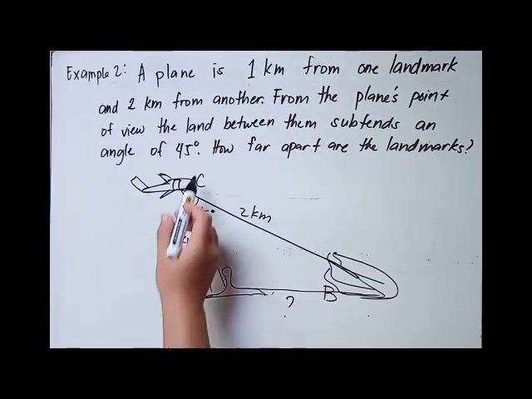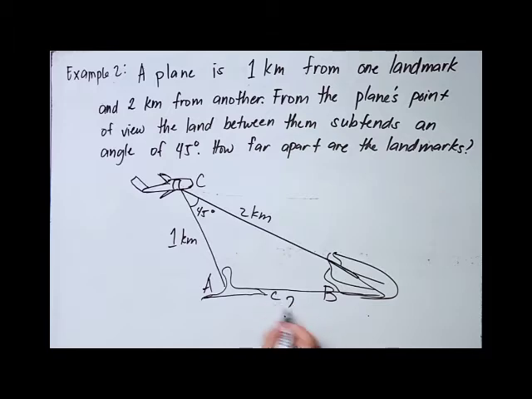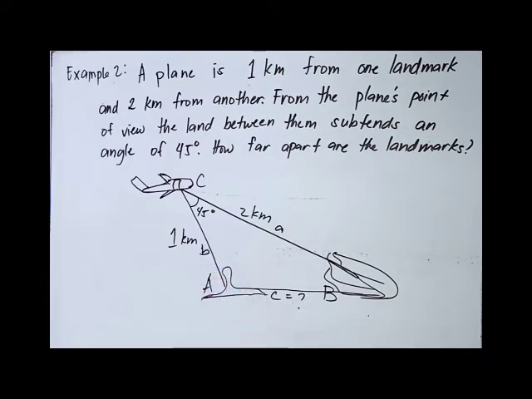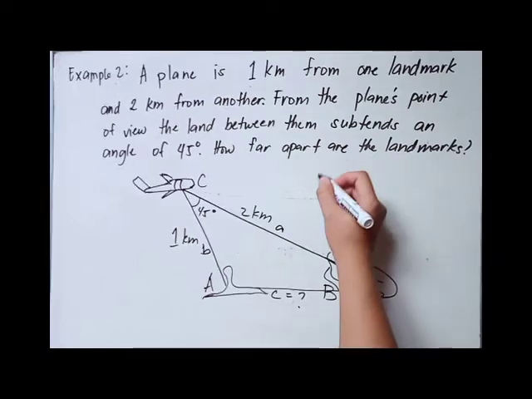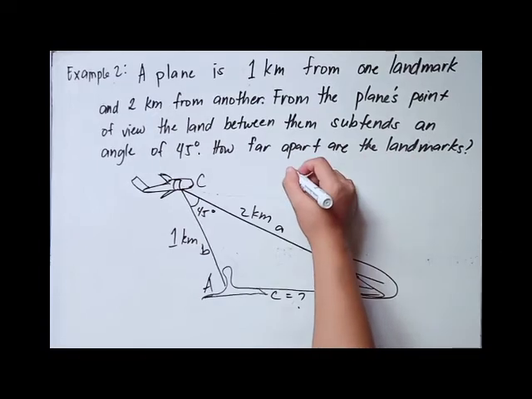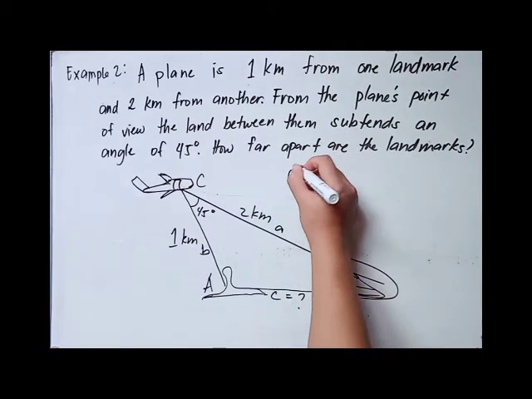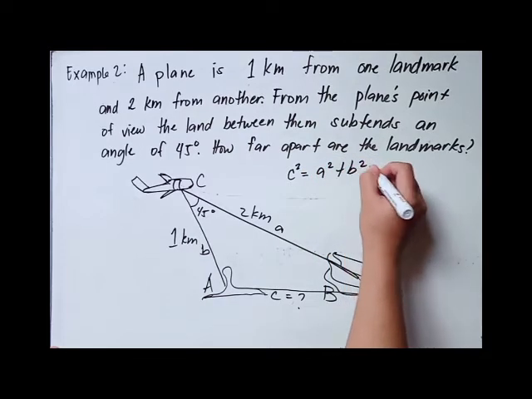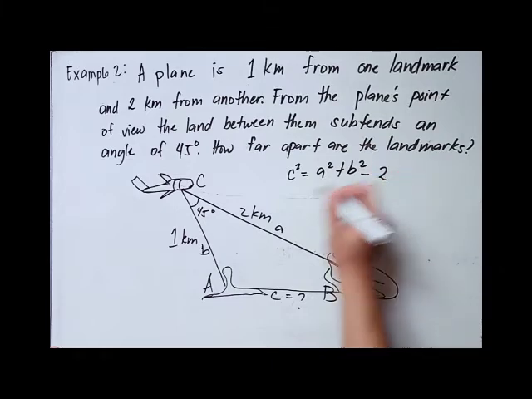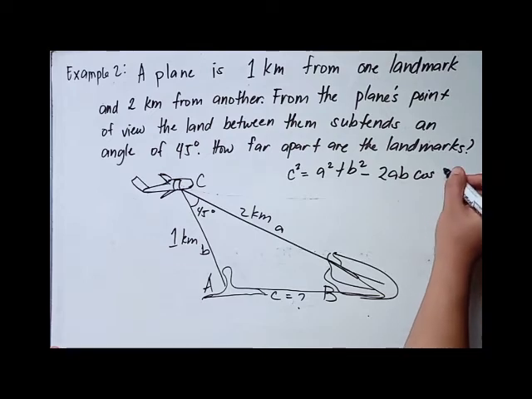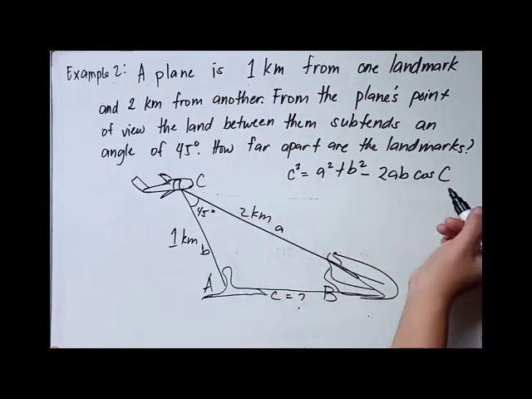Since this is angle C, side C is missing, and this is side A, and this is side B. In getting the side of a triangle using the law of cosines, if we can still remember our formula, C squared is equal to A squared plus B squared minus 2AB cosine C.